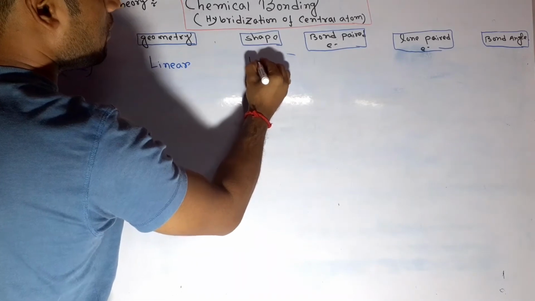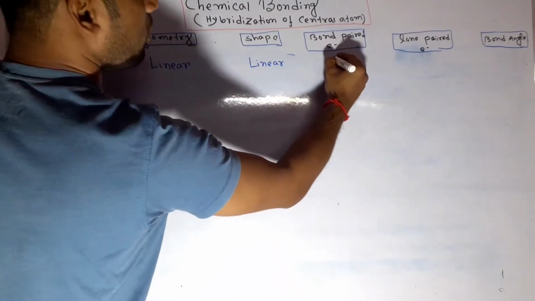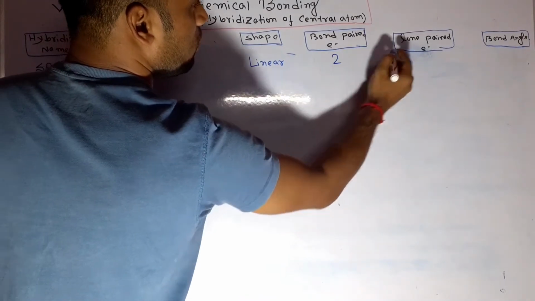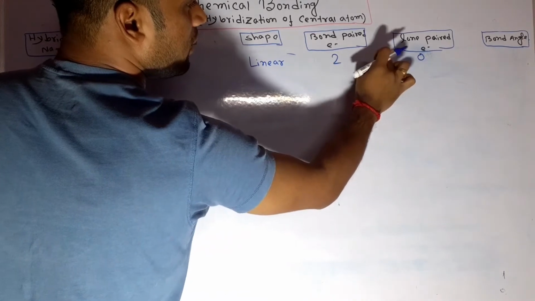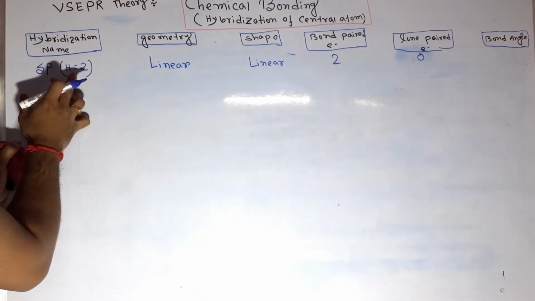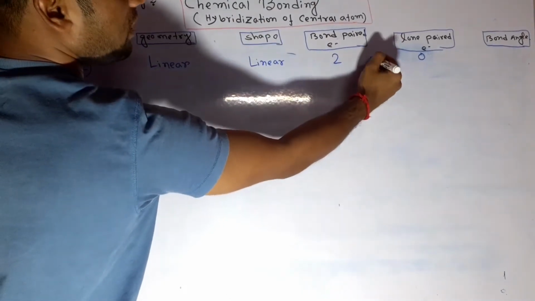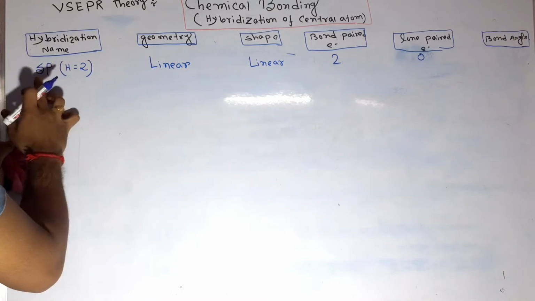The shape is also linear. What is the bond pair electron count? 2. If the bond pair electrons are 2, then the lone pair electrons are 0. Bond pair plus lone pair, 2 plus 0, gives hybridization number 2, and the name is sp.